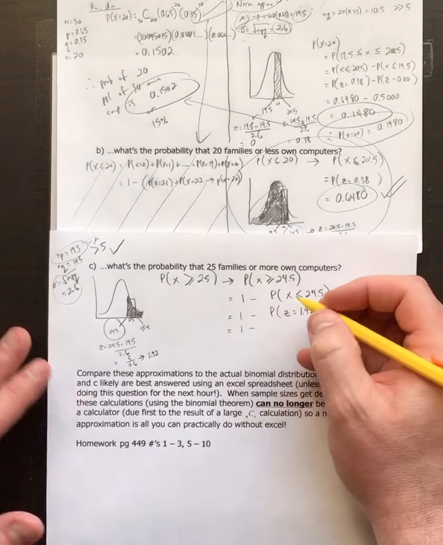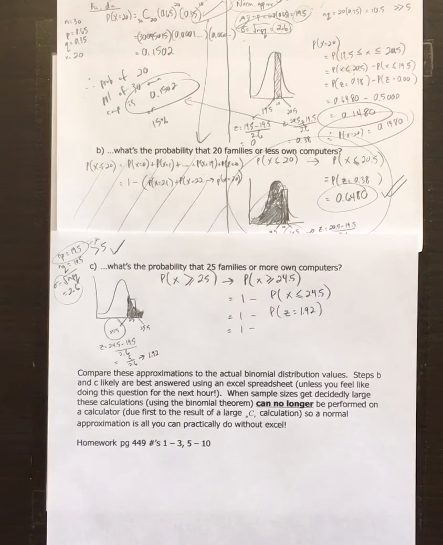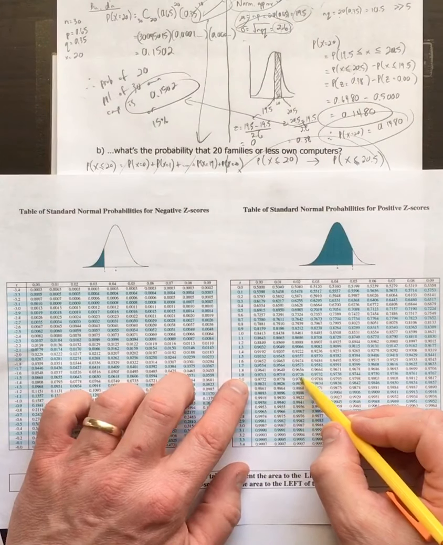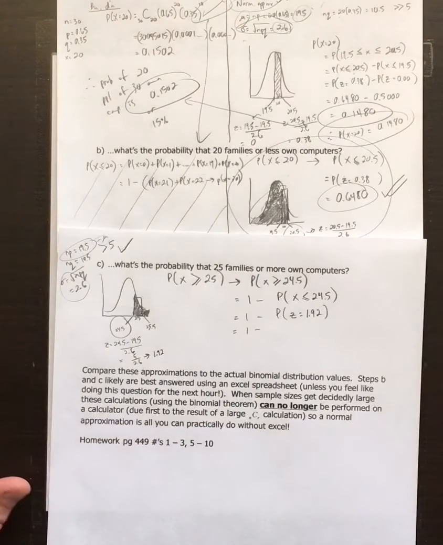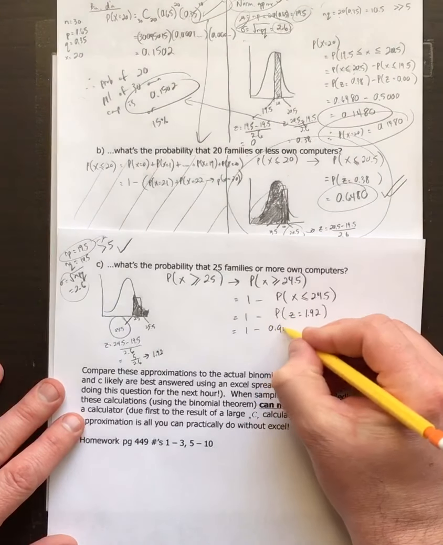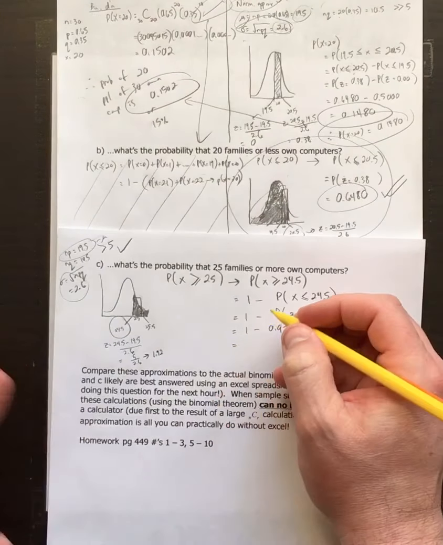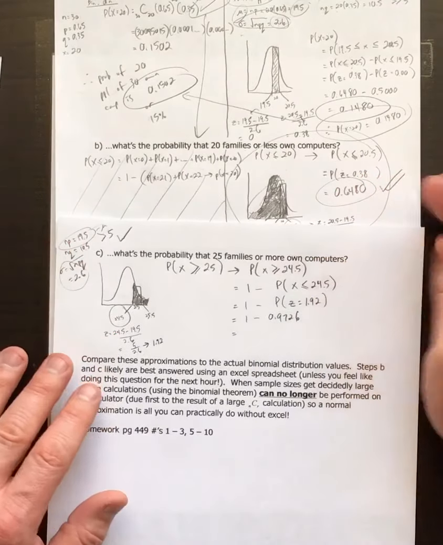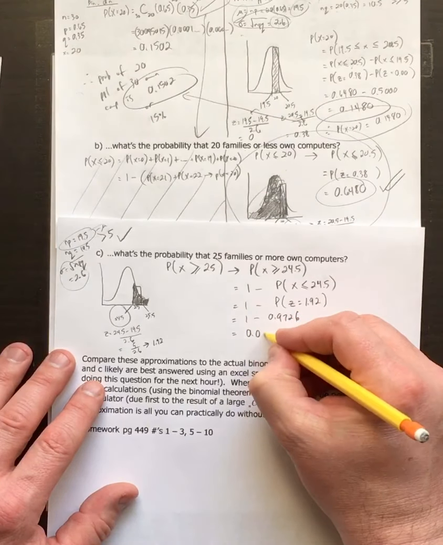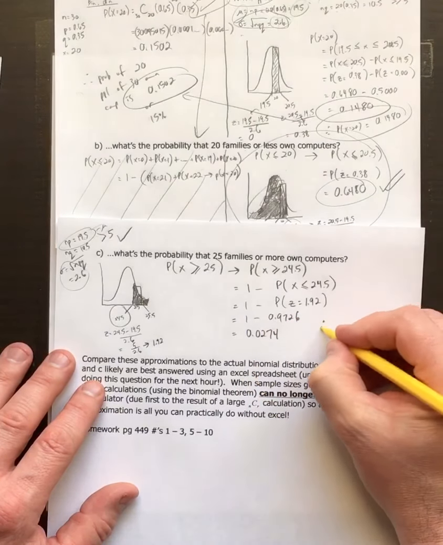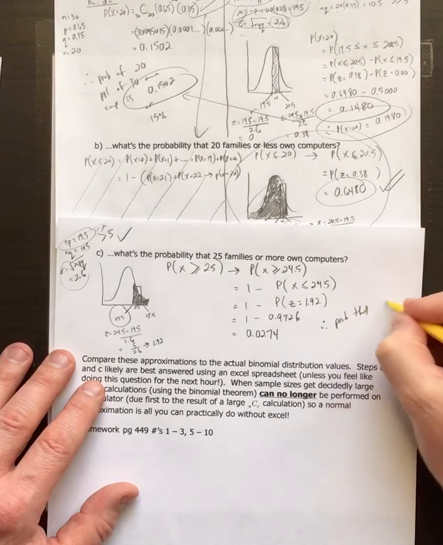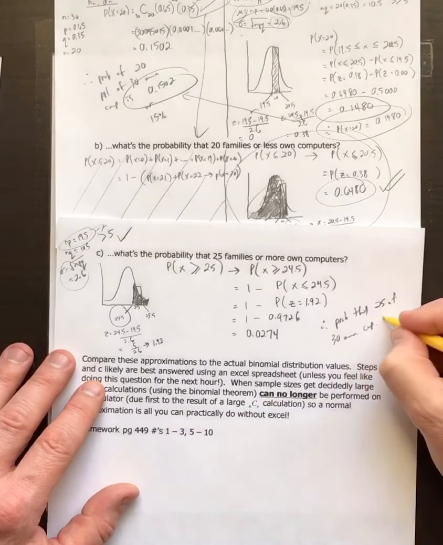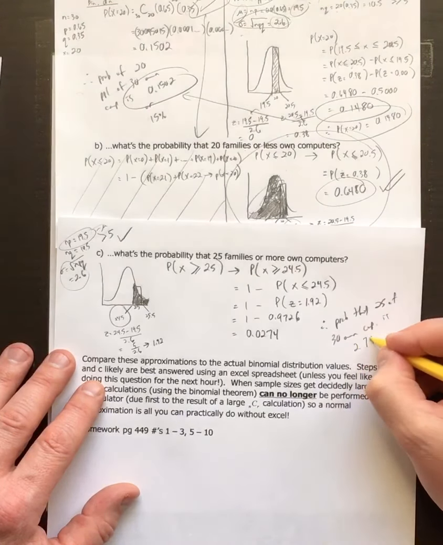And I look at my z-score table, just as I've been doing all along. 1.9, all the way over to 0.02: 0.9726. So the probability of having 25 or more families out of the 30 owning computers is quite simply 1 minus 0.9726, which is 0.0274. Therefore, the probability that 25 of 30 own computers is about 2.74%.